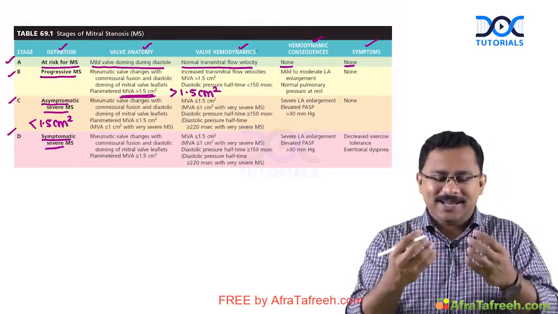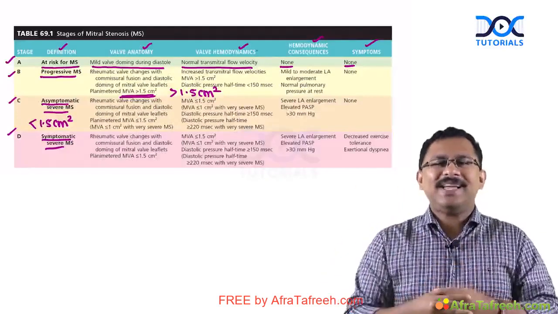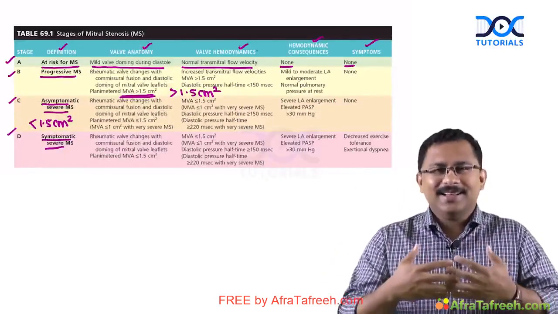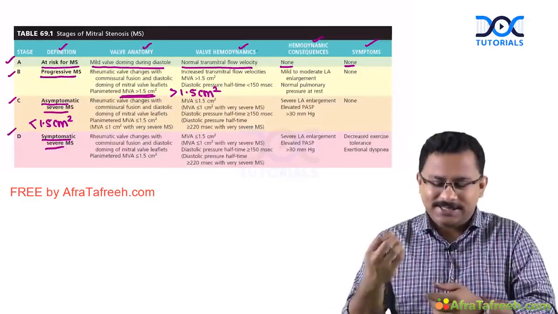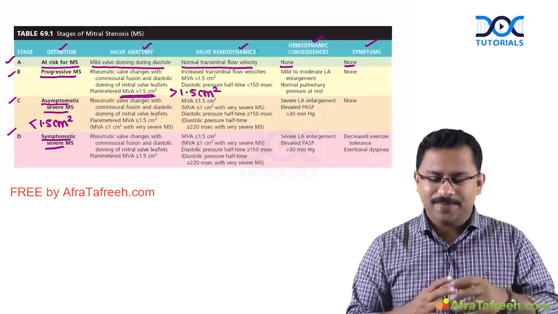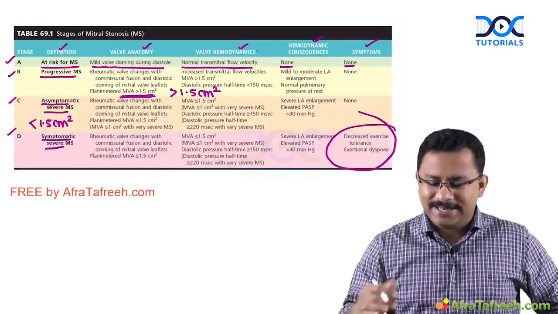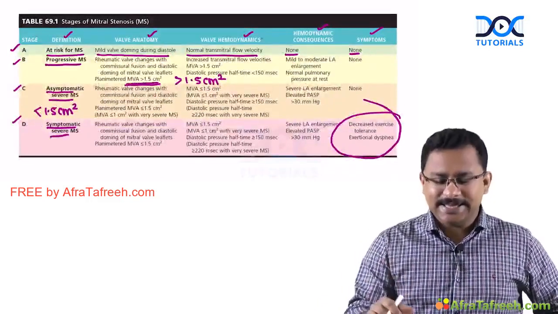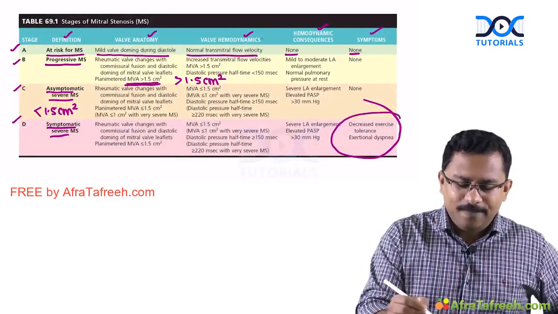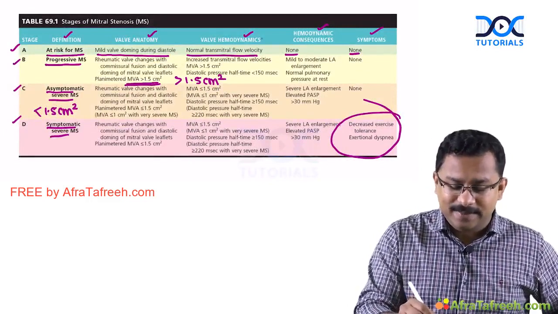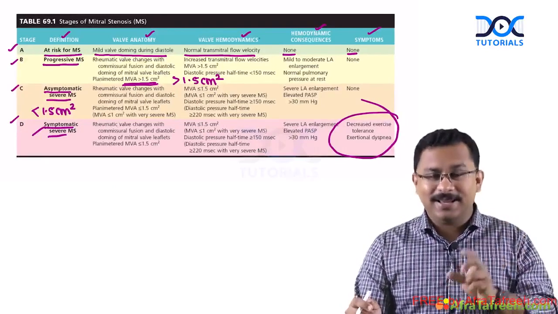Often, patients who are in stage C, once they get some trigger like an infection, pregnancy, or thyrotoxicosis, can be pushed to a decompensated stage or symptomatic severe MS. That is when the patient goes on to have symptoms like exertional dyspnea and decreased exercise tolerance. So these terms: at risk for MS, progressive MS, asymptomatic severe MS, and symptomatic severe MS, these points should be very clear for you.